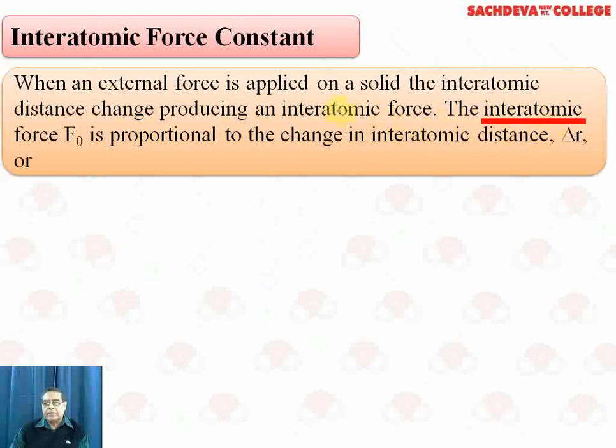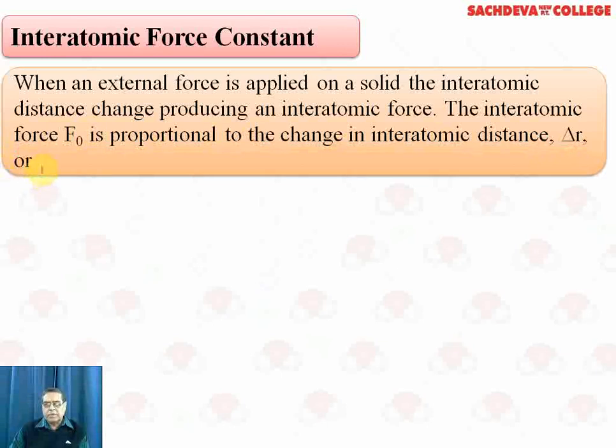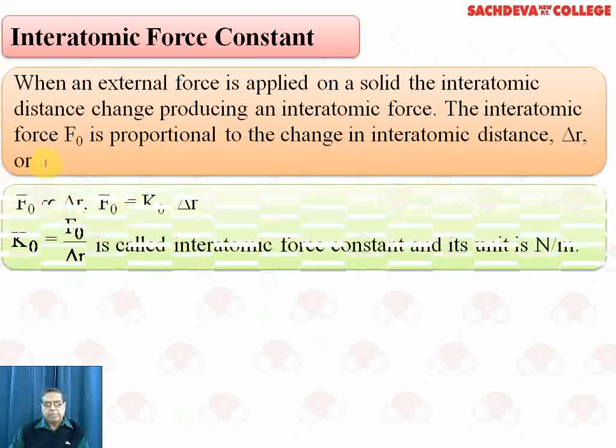The interatomic force F0 is proportional to the change in interatomic separation, that is, the distance delta R. If we multiply F0 with delta R, that will be the small work done.